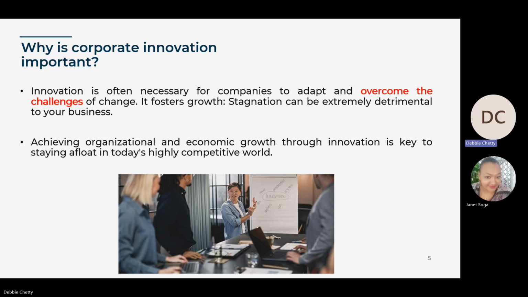It helps in achieving organizational and economic growth, which is key to staying afloat in today's highly competitive world. It helps to overcome the challenges that businesses face as well.